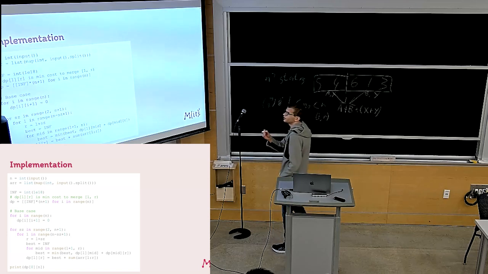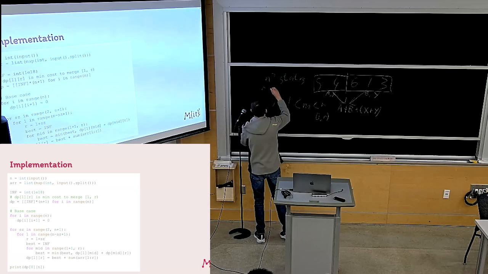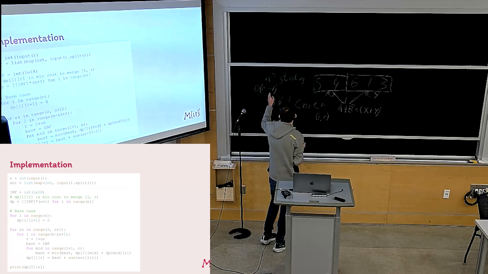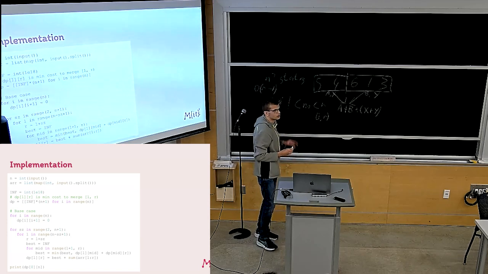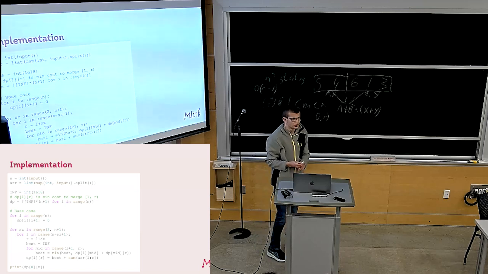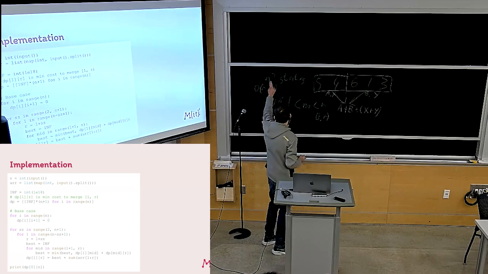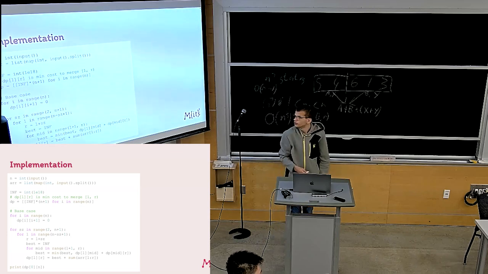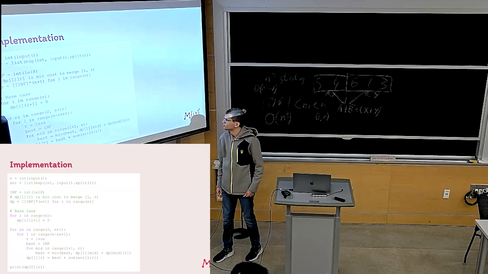If I have a state that represents a subarray of length r minus l, then it will take only r minus l work, which can be at most n. So we can definitely conclude that the time complexity of our algorithm is at most O of n cubed, because I have n squared states and I do at most n work for each state, iterating through all the possible midpoints and summing the array.